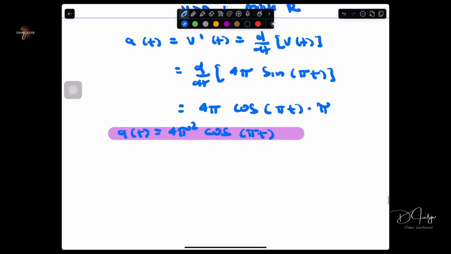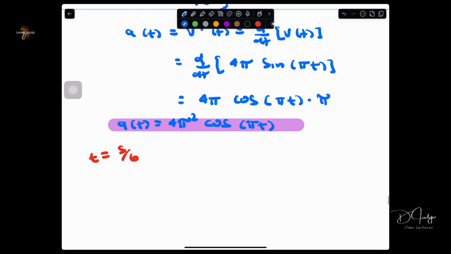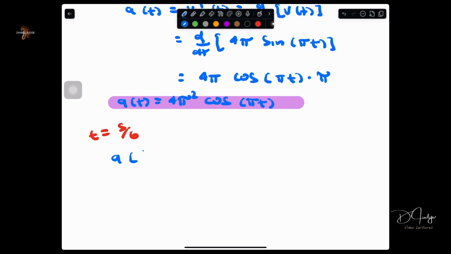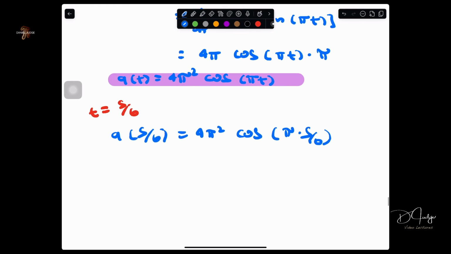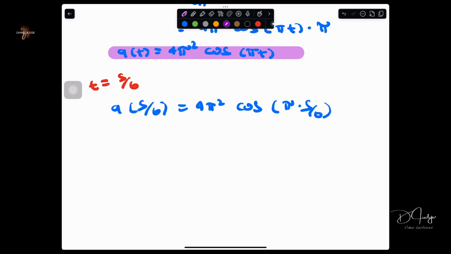All right, we need to know the acceleration when the time value t is 5/6 seconds. And so we have to know the value now, again, here of cosine of 5 pi over 6.